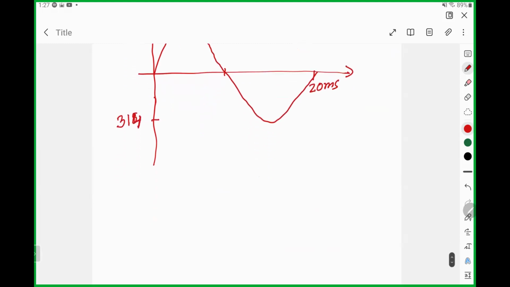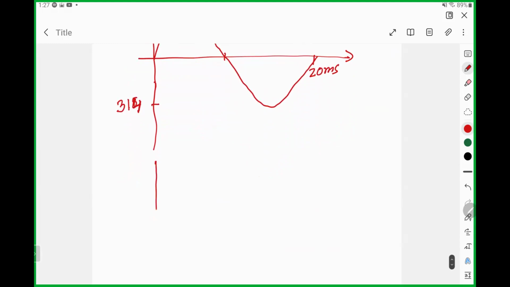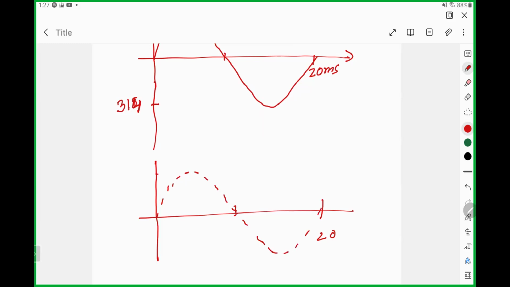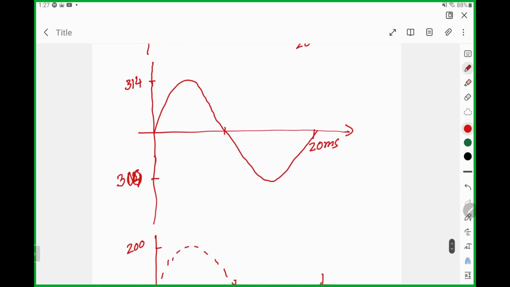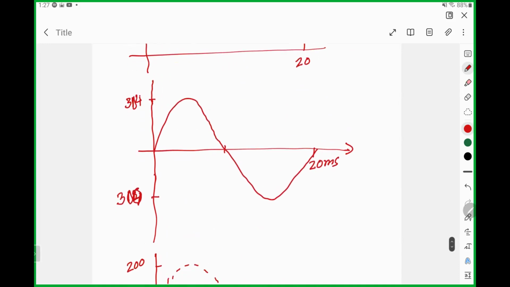Now I have another waveform of 20 millisecond, the same period, but this one is, say, 200 and this is minus 200. Let's take a round figure instead of creating difficulty. So this is positive and this is negative.